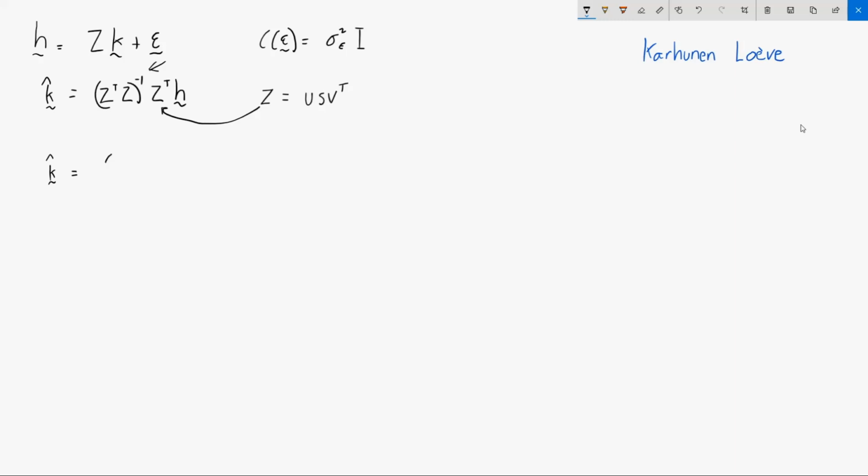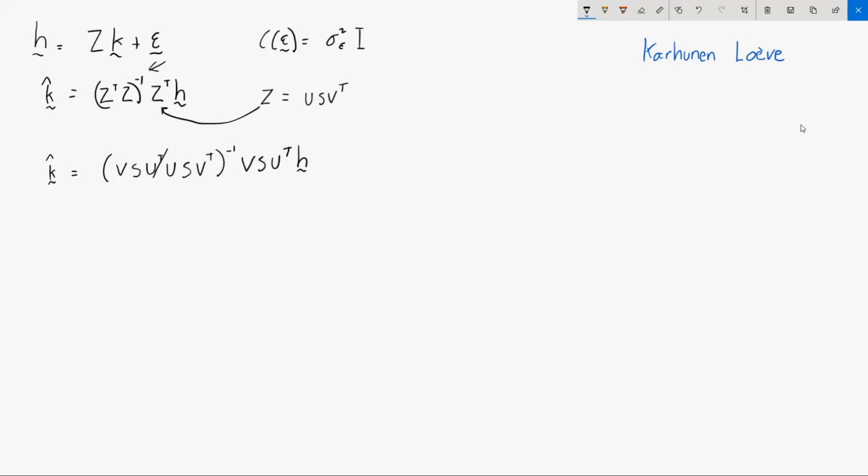K hat equals V S U transpose U S V transpose, all to the minus 1, V S U transpose h. I've left off the one subscript here, simplifying things a little, because if Z is long in the vertical direction, things are a little bit different, but different in no material way.